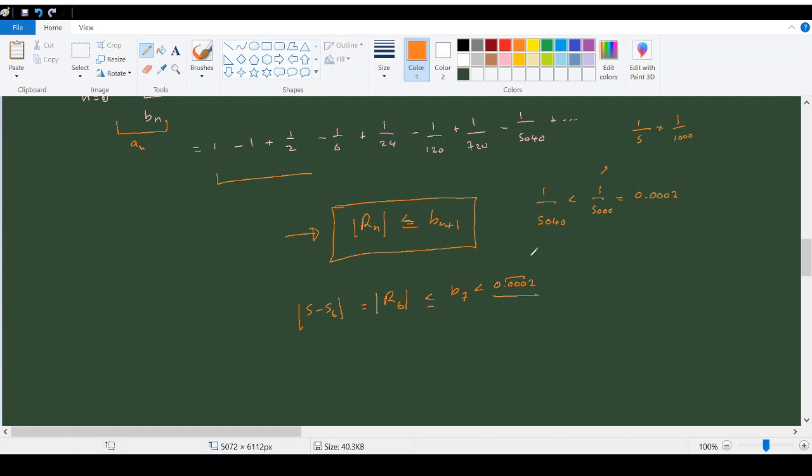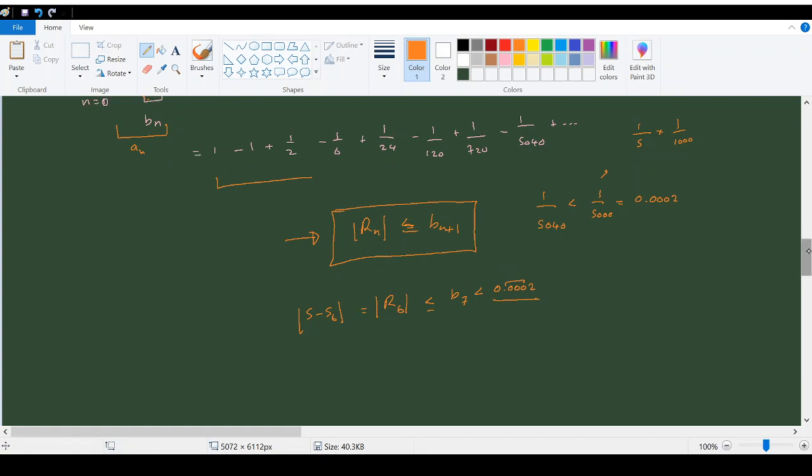In other words, you can rephrase the same situation as: the sum of the first 6 terms, that is up to this point, will be correct up to the first 3 decimal places.